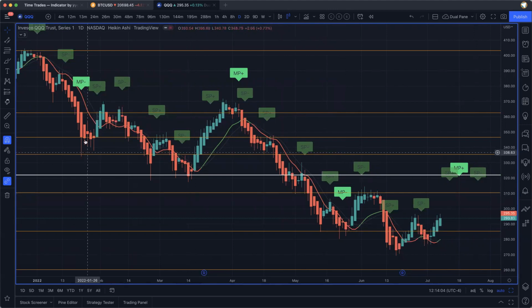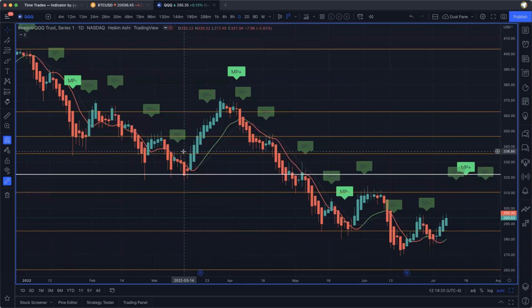So let's go back and take a look at the last medium pivot cycle with negative polarity. That's the one that started January 22nd here. So you can see here that at the tail end of that medium pivot cycle that started January 22nd, there was a negative small pivot and about 3 red days.